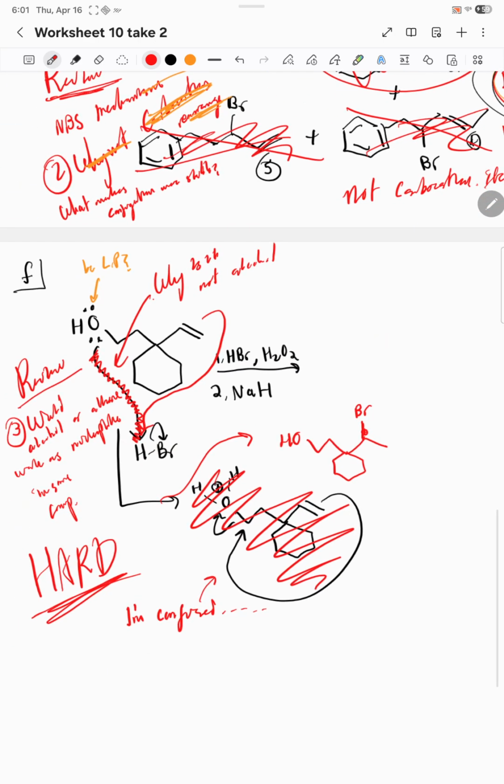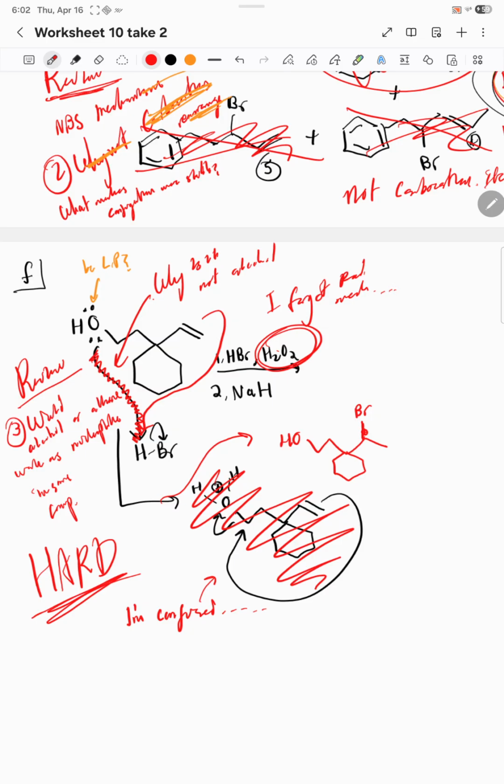Oh shoot, I completely forgot this is a radical mechanism. Okay, that changes the story. Alright, I forgot the radical mechanism. Oh shoot, what does this mean then?